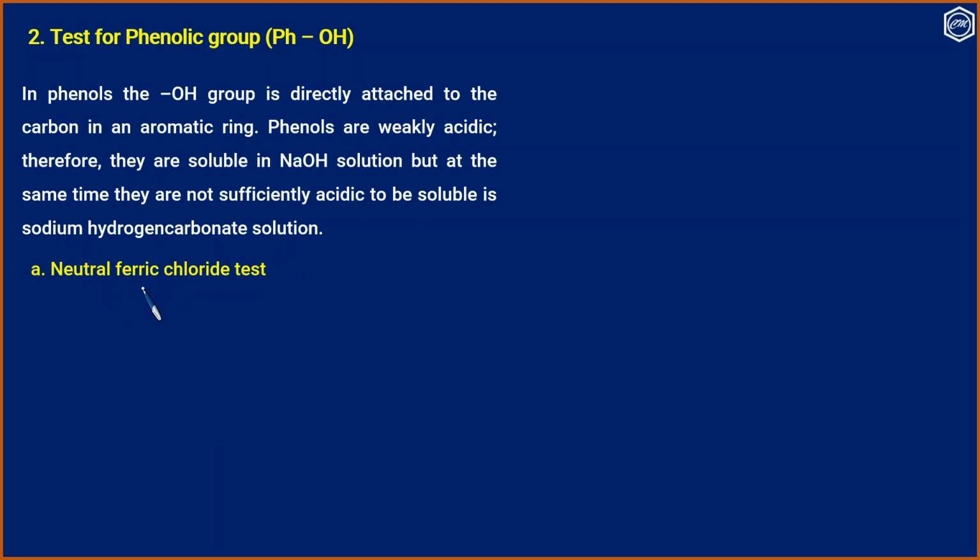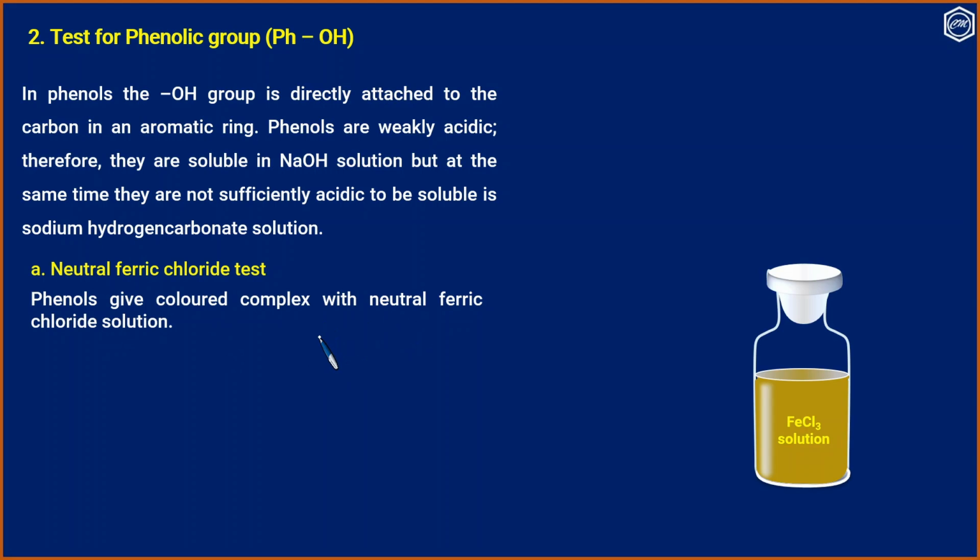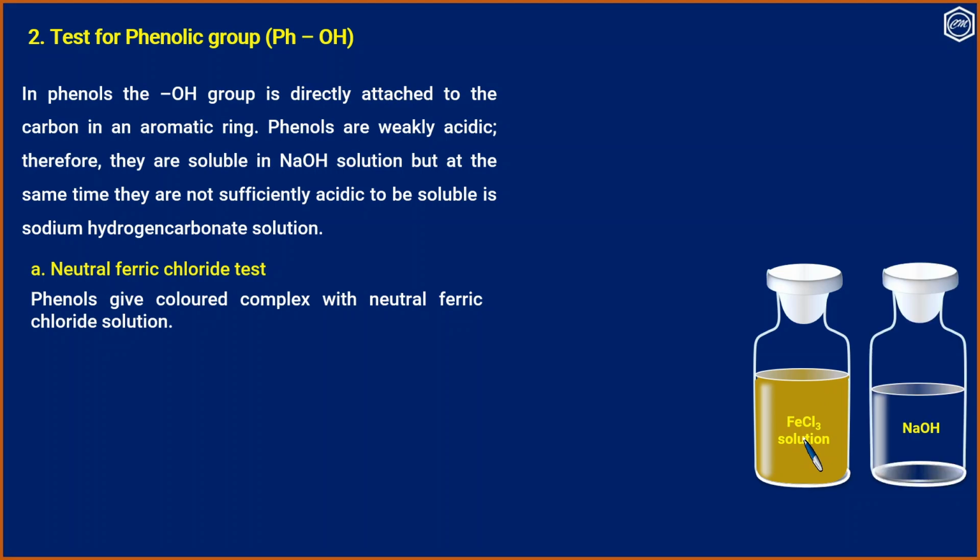First is the neutral ferric chloride test. Phenol gives a colored complex with a neutral ferric chloride solution. And this is ferric chloride solution. First, let us see how neutral ferric chloride is prepared. For that, we need sodium hydroxide solution.